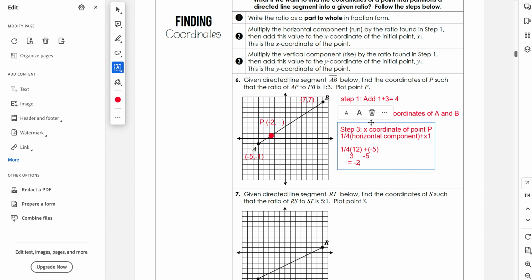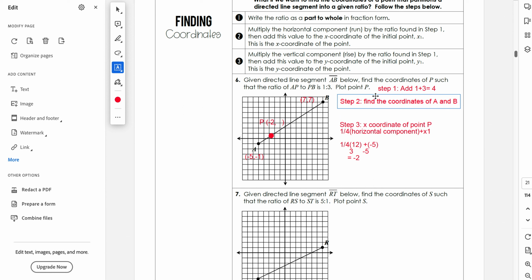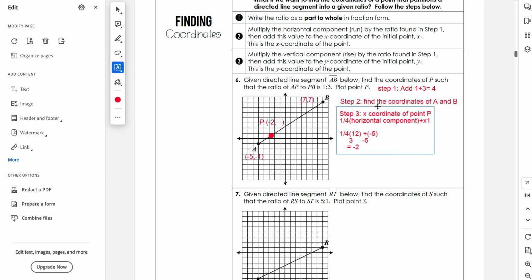So let me just go ahead and move this whole thing up so that there's room for us to do the y component. So that's step 1, step 2, step 3.